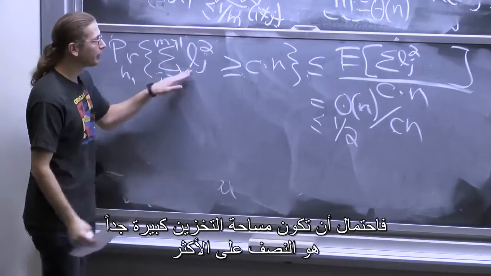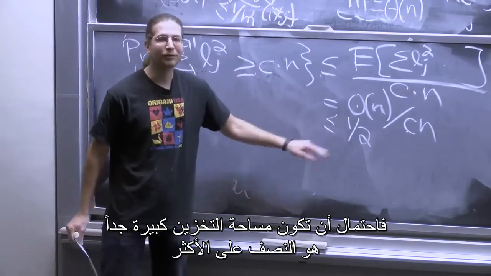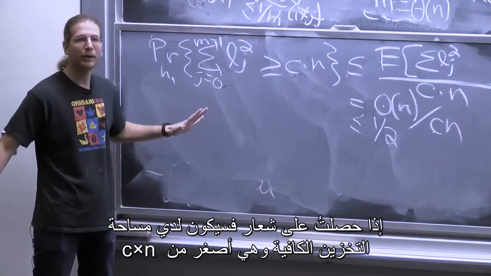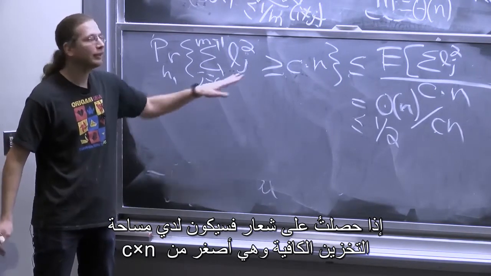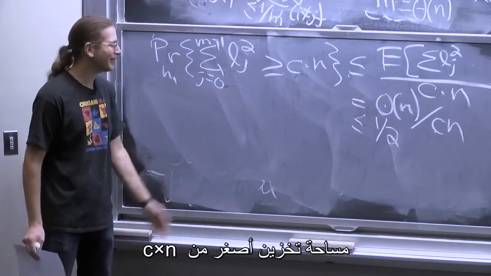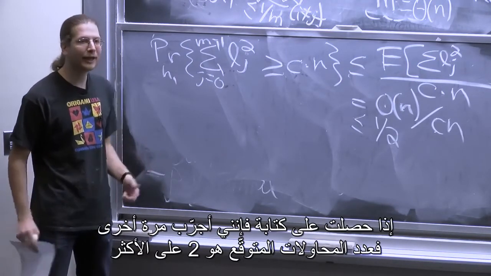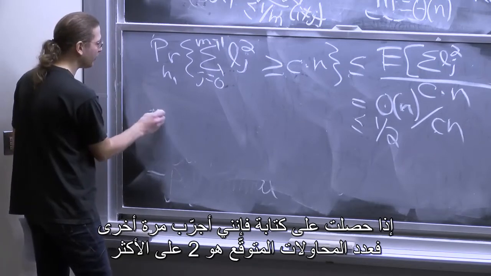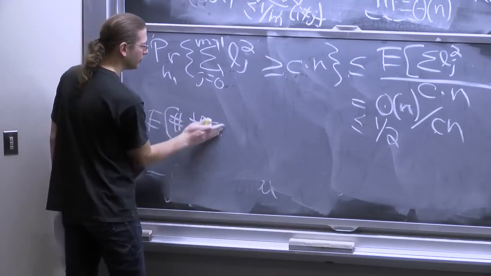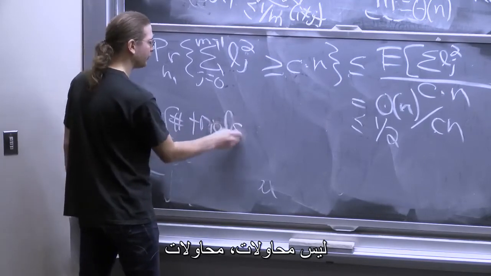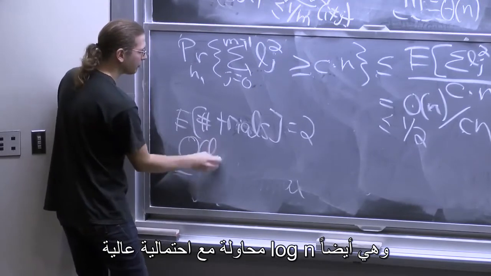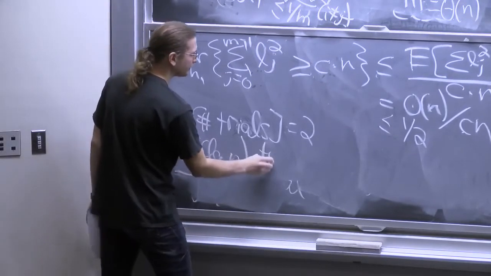So the probability of my space being too big is at most a half. We're back to coin flipping. Every time I flip a coin, if I get heads, I have less than C times n space. If I get tails, I try again. So the expected number of trials is 2 at most. And it's also log n trials with high probability.